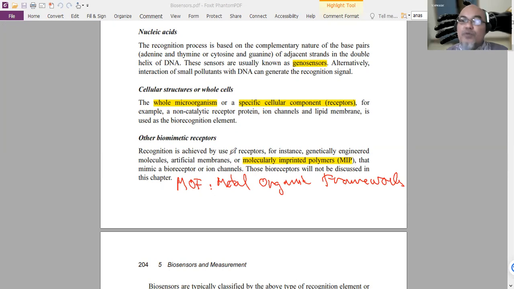So if you Google Scholar, for example, non-enzymatic glucose sensor, you will see many of them are made using MOF, metal organic framework. These are made from non-organic material, usually metal oxide, like copper oxide, tin oxide. So similar material to the gas sensor.